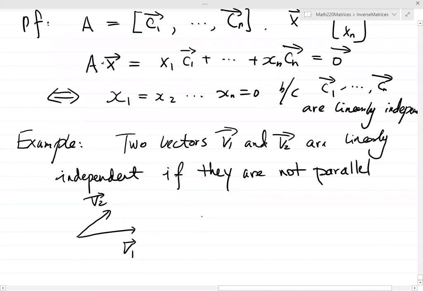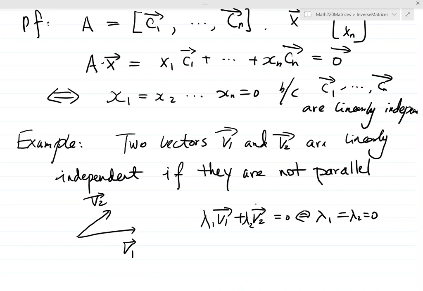Lambda 1 V1 plus lambda 2 V2 equals 0 implies lambda 1 equals lambda 2 equals 0. Because if one of them is non-zero, then V1 is a multiple of V2 or V2 is a multiple of V1. This means they are in the same direction, which is not possible.